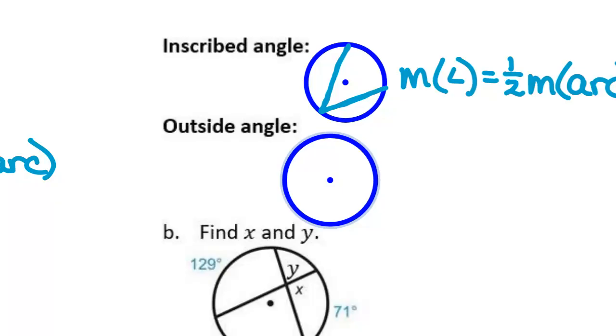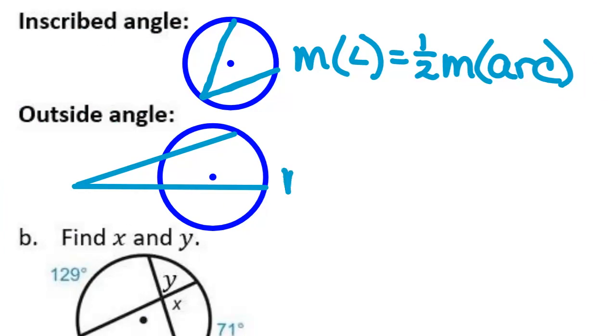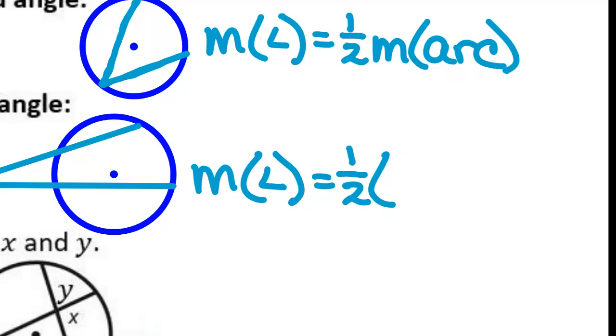And for outside angles, so something that looks like this, the measurement of the angle is equal to 1/2 arc minus arc.